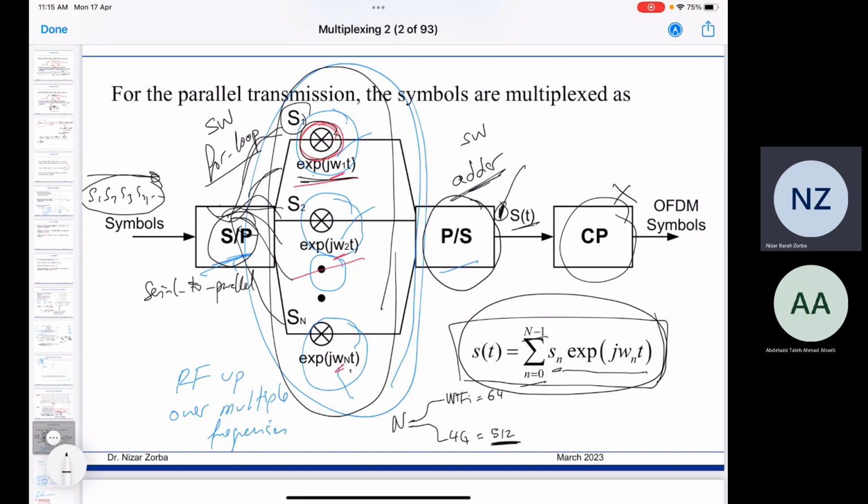Khalid. Fourier. So this is the Fourier transform expression. Good.